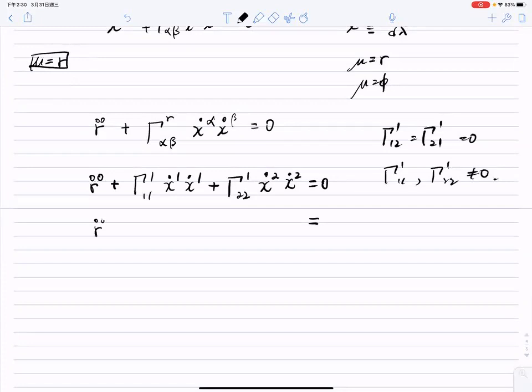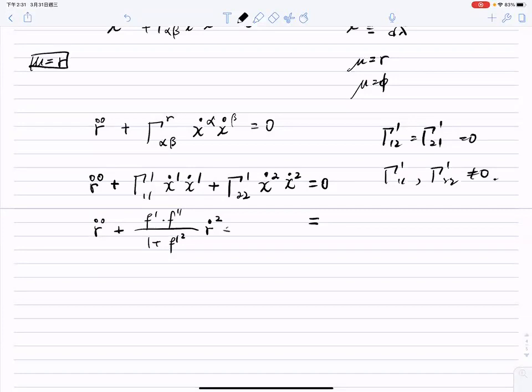For the geodesic equation, we plug in Gamma 1, 1, 1, which will be something like what we have just calculated, and x dot 1 would be r dot square.